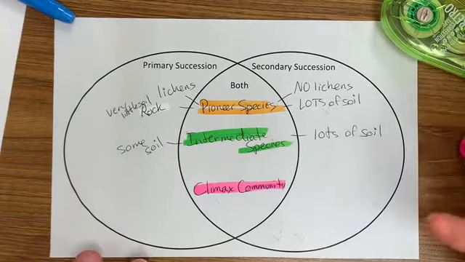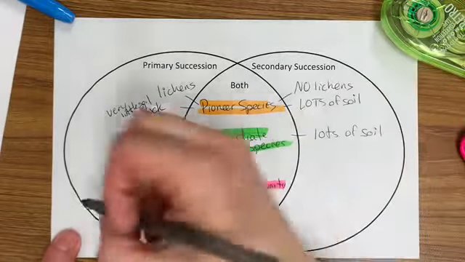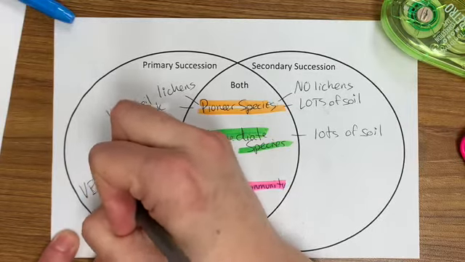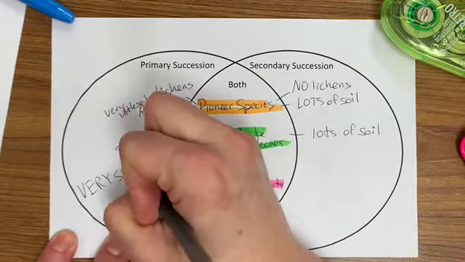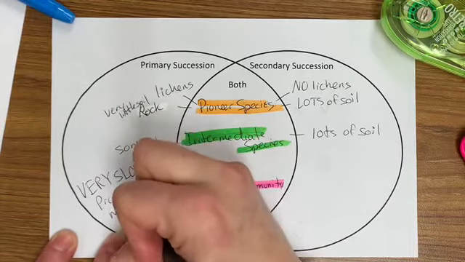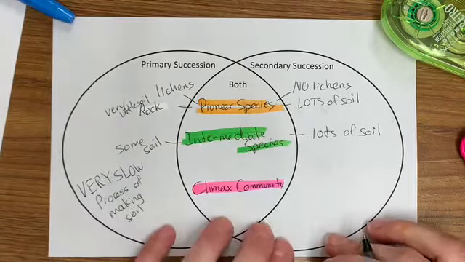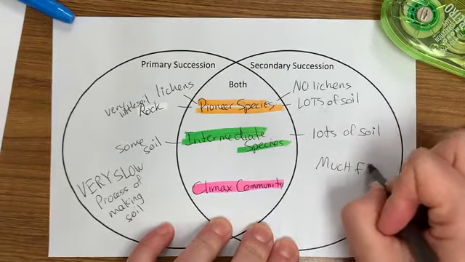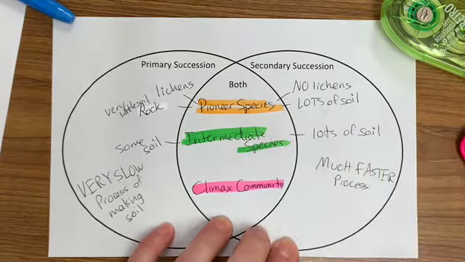What are the other differences between primary and secondary succession? Well, primary succession, if you remember, is the very slow process of making soil. In secondary succession, the soil is already made, so this is a much faster process because there's already soil there.